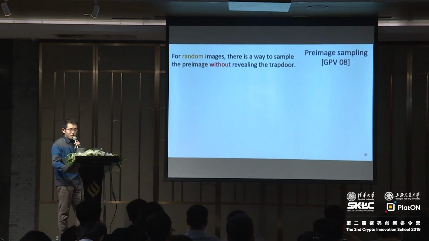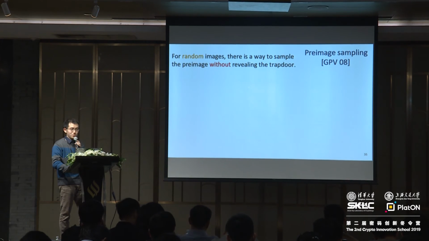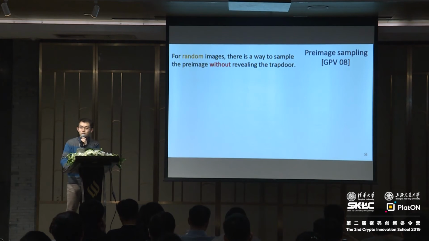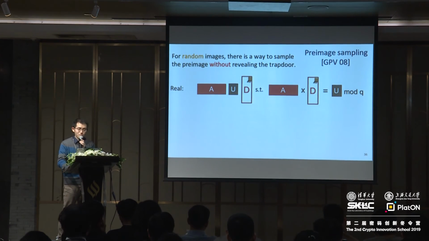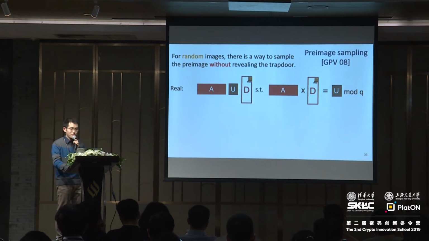All right. Instead of telling the details of the complicated sampling procedure, let me mention a property that I'm going to need in the rest of the talk, which is sampling a preimage from a distribution without revealing the trapdoor. This is proved in the work of Gentry, Peikert, and Vaikuntanathan.